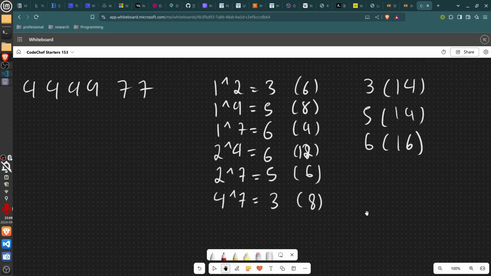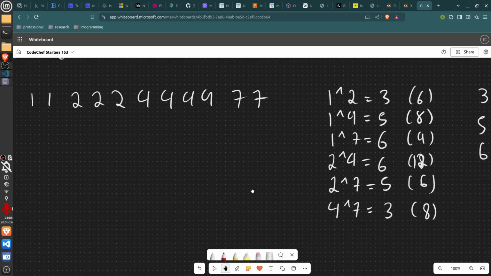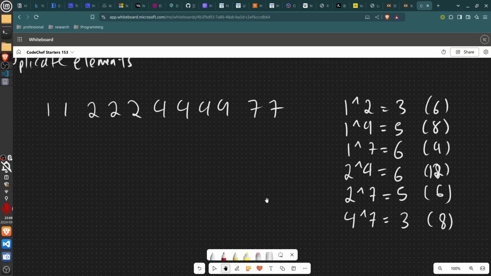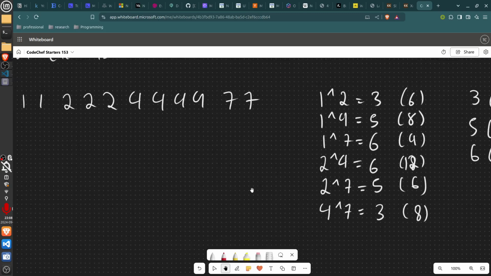But the difference from the problem before was that you didn't have duplicates. In this case, you have duplicates. So how can you count this? The easiest approach, I think, is to separate the two cases. The first thing is to handle when you don't have duplicates.